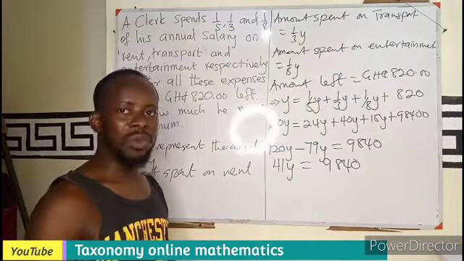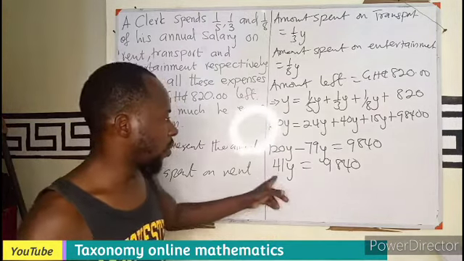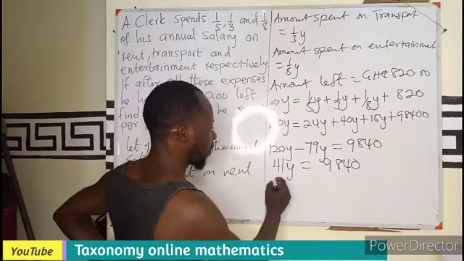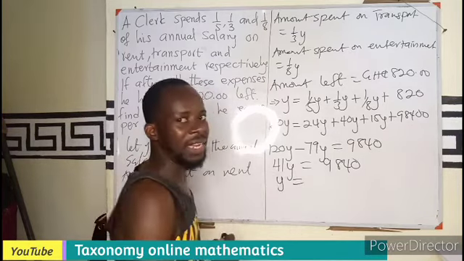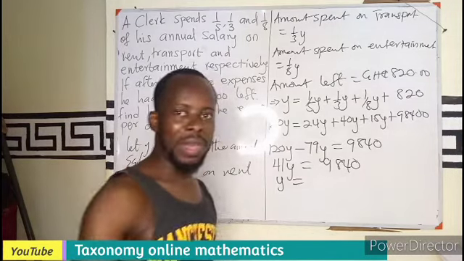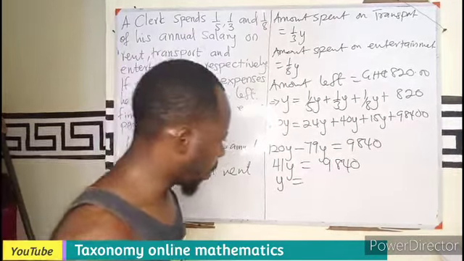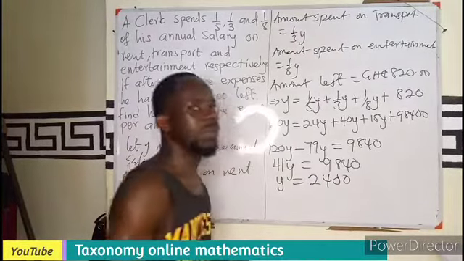So now we have to divide both sides by the coefficient of y. So that will give us y equals, dividing both sides by 41, and we have to use a calculator. Alright, so that gives us 2400.